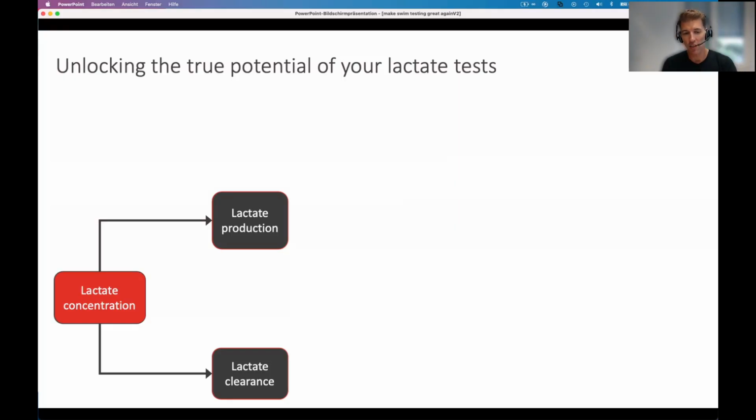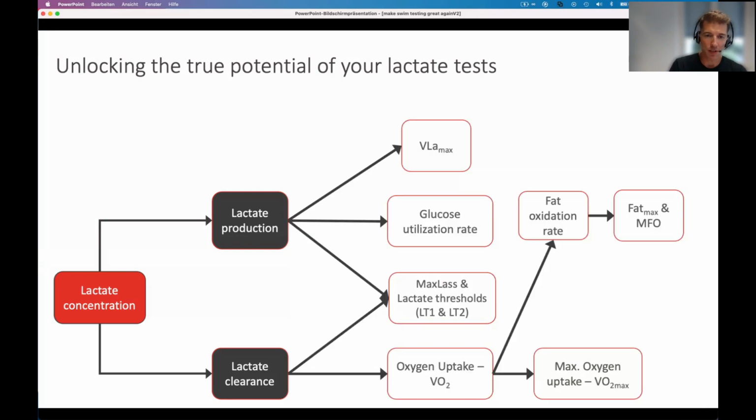If you can decipher that, it opens up a whole new world of possibilities, because the lactate production that you see in submaximum efforts is related to the VLamax, the maximum lactate production. The next thing is, as you will be aware, the only substrate you can use to produce lactate is glucose. So if you know lactate production, you immediately know glucose or glycogen utilization.